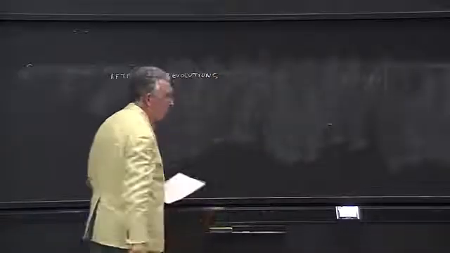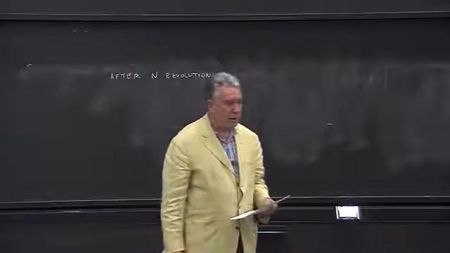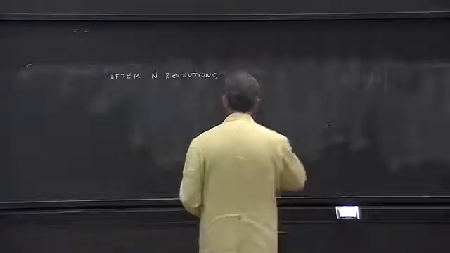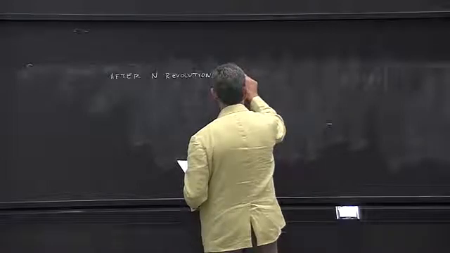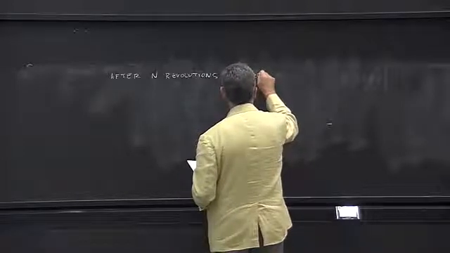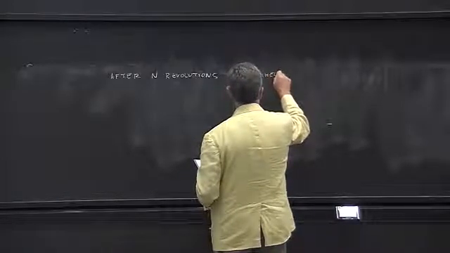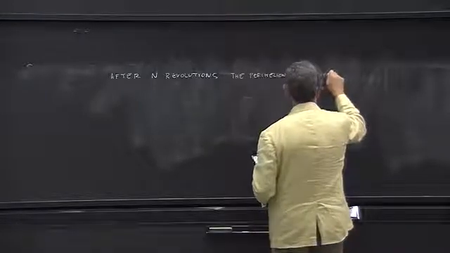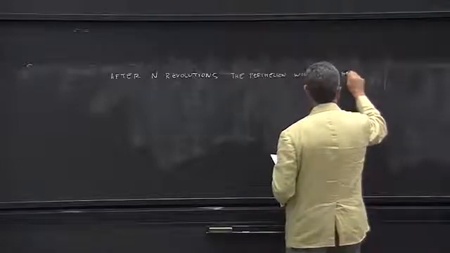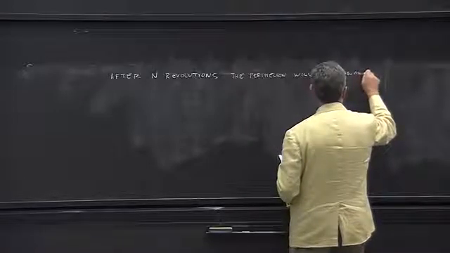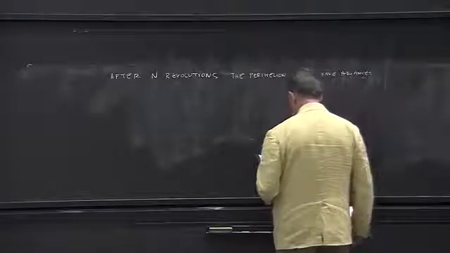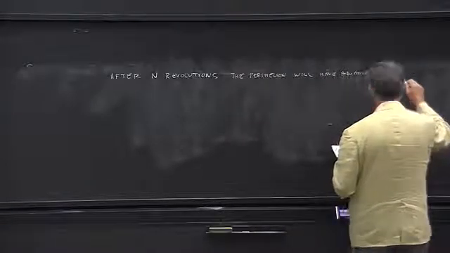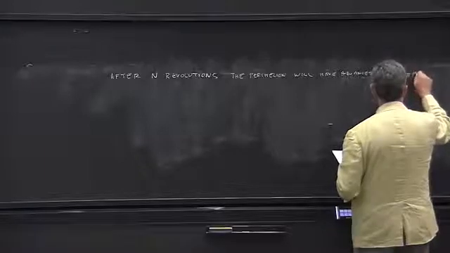So after n revolutions, which is n Mercury years, the perihelion will have advanced n times 6 pi m over L.